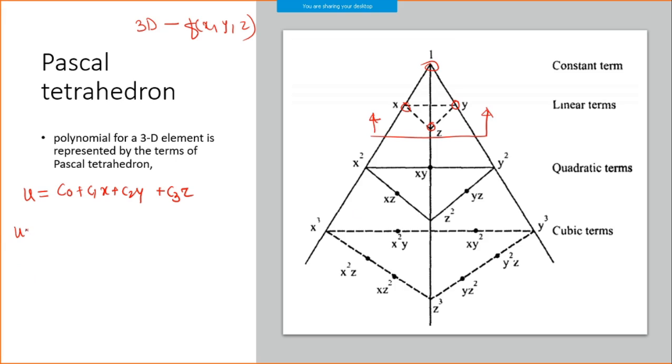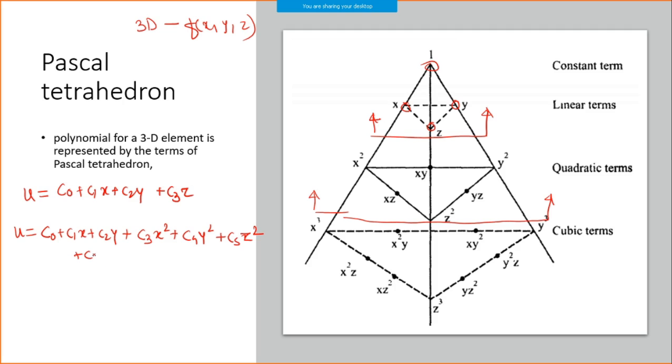Similarly, if I want to define a quadratic, I have a constant C0 plus C1x plus C2y, which is from the linear. And for quadratic, I have to take all the terms above this line. So I can have C3x square plus C4y square plus C5z square.